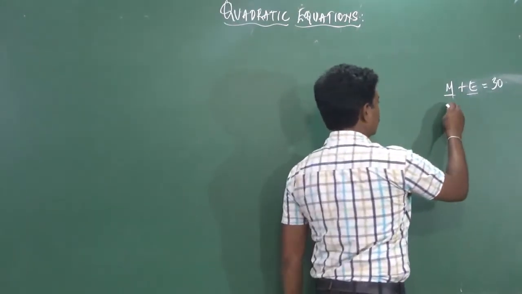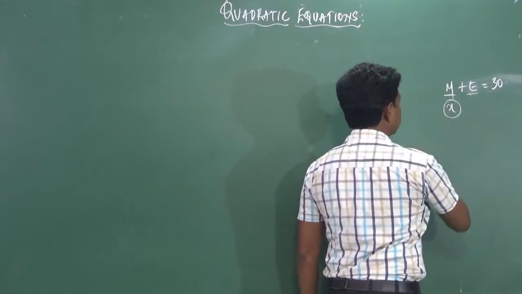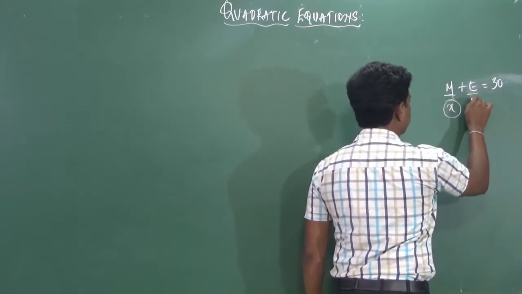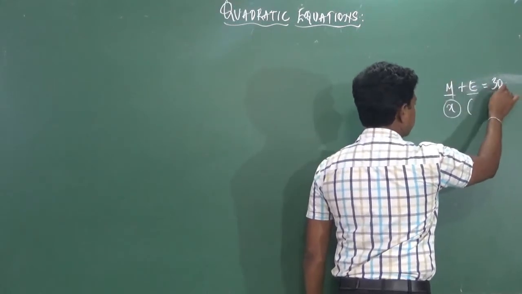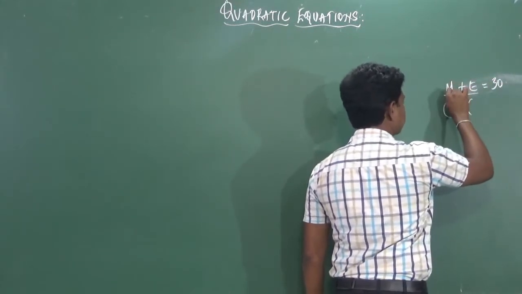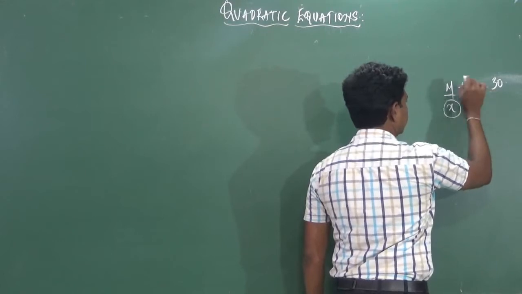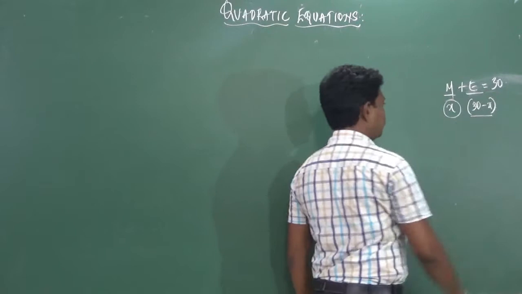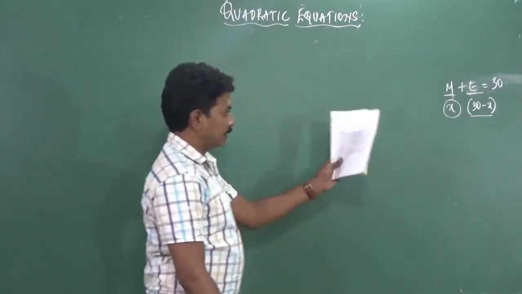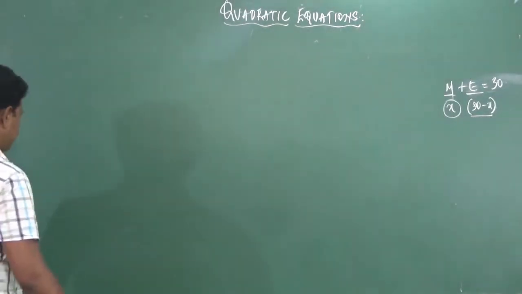So let the marks scored in maths be x. If I consider this, then the marks scored in English will be 30 minus maths marks. 30 marks, that is the total marks, minus maths marks will be equal to the marks scored in English, that is 30 minus x. Now let us present this in the form of a statement.